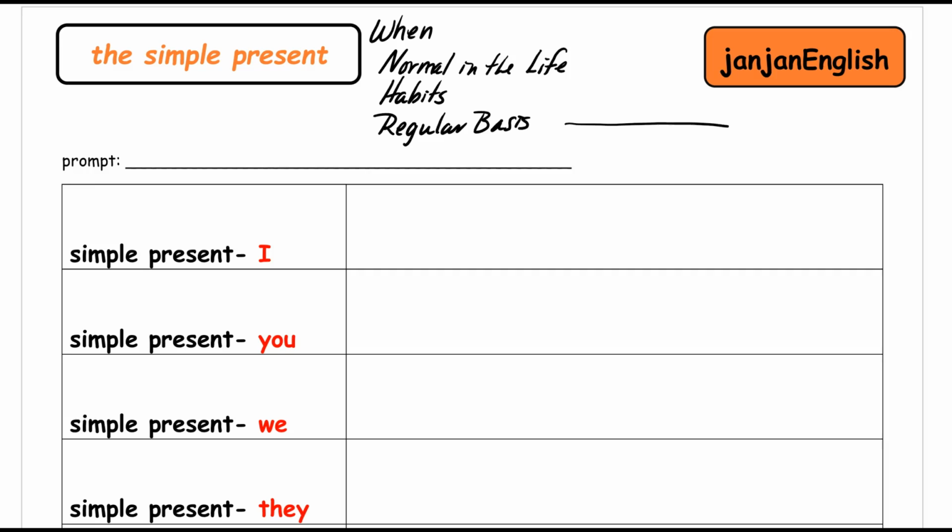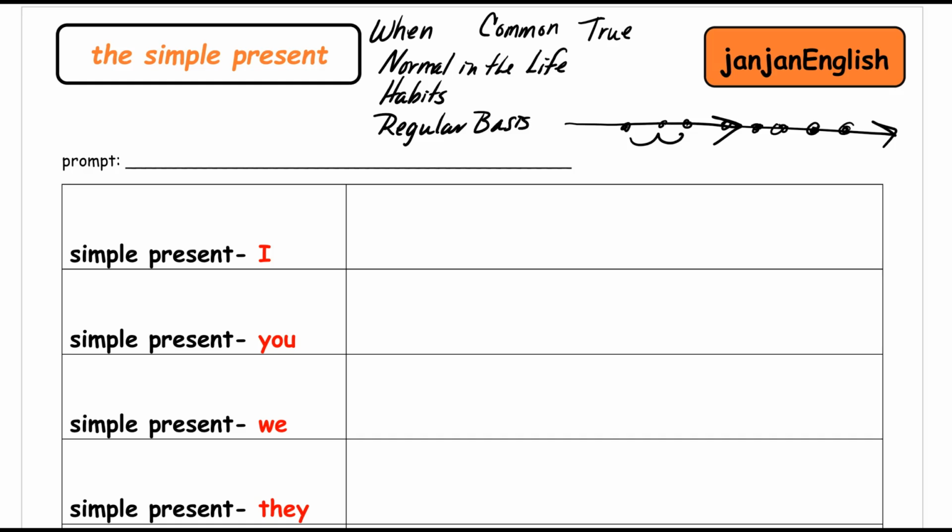The time doesn't matter. What matters is that it's regular and normal, or maybe even common in the life. It doesn't have to be exactly the same amount of time, but just something that's normal, something that's regular, something that's true in the life.